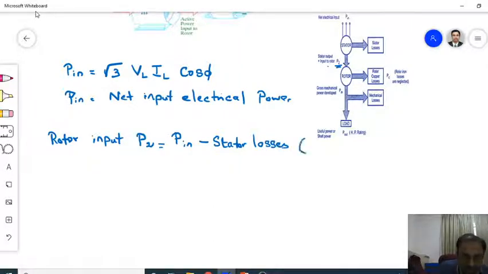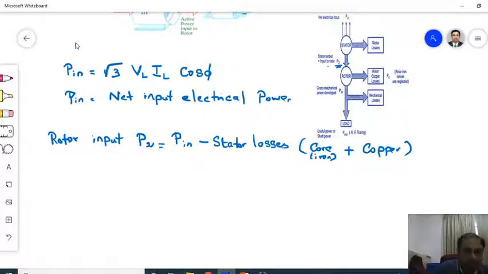Stator losses means core plus copper. The other name of core is iron, so core iron loss.